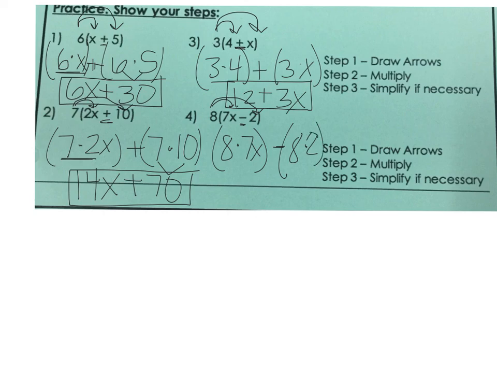Let's multiply if we can. 8 times 7 is going to be 56, so 56x minus, and we know 8 times 2 is 16. Those are not alike terms, so we already have it simplified, so 56x minus 16.